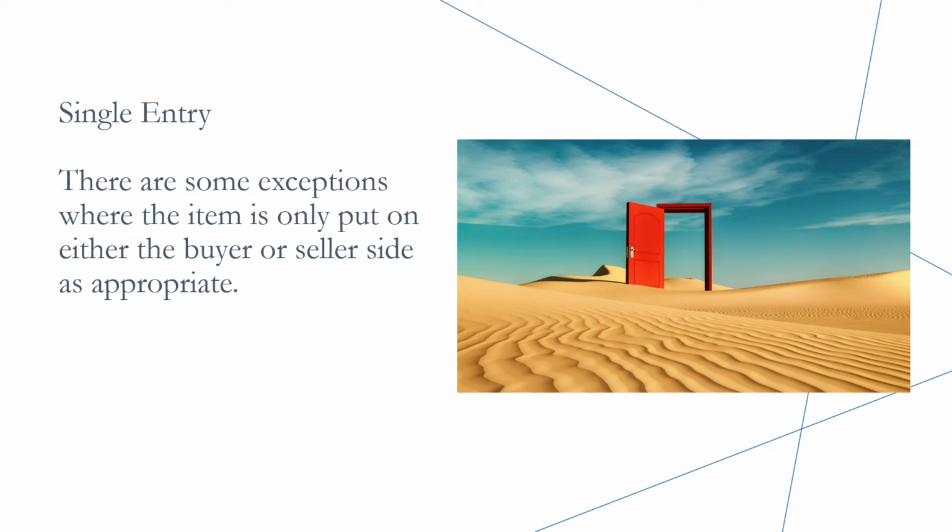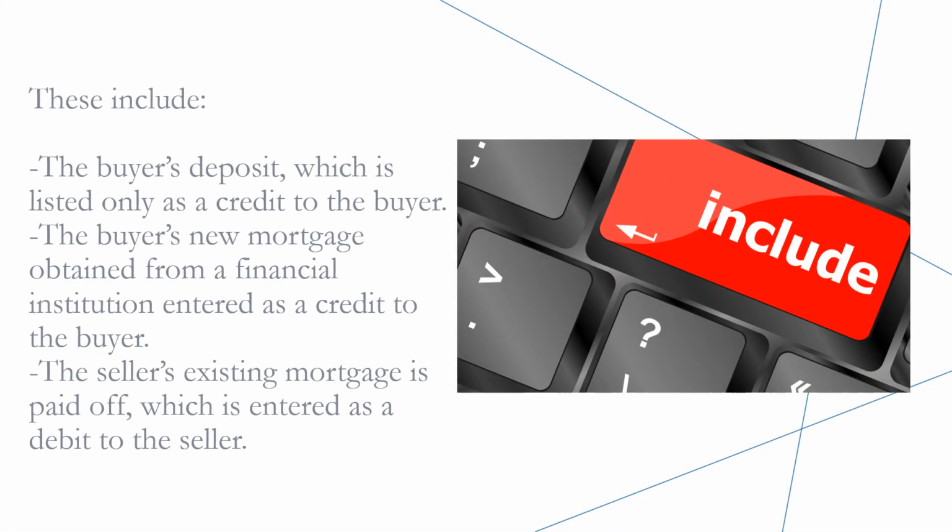Single entry. There are some exceptions where the item is only put on either the buyer or seller side as appropriate. These include the buyer's deposit, which is listed only as a credit to the buyer and nothing on the seller's side.